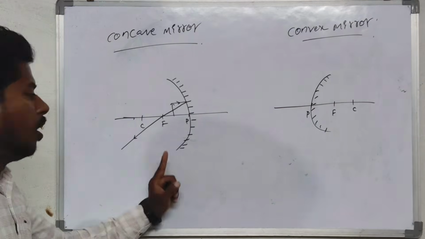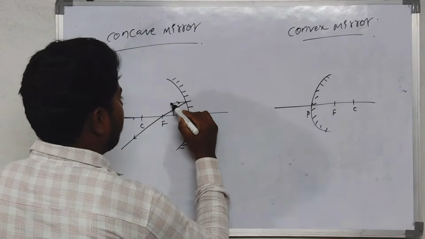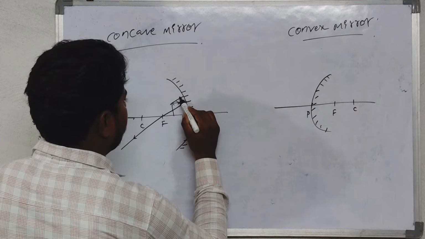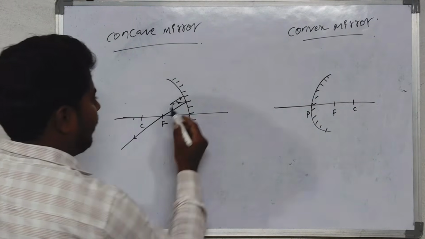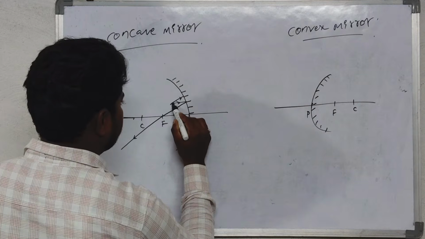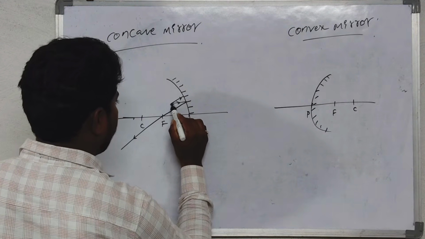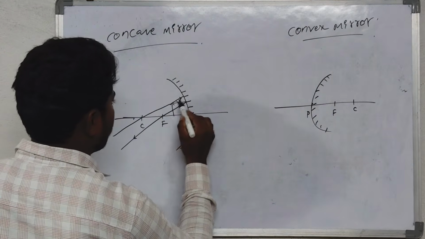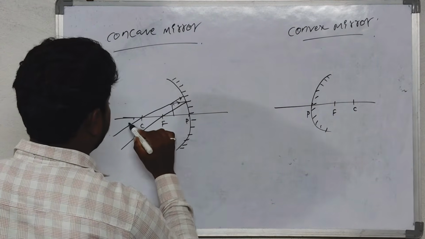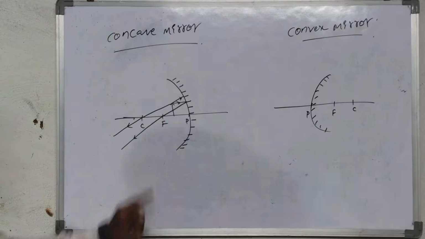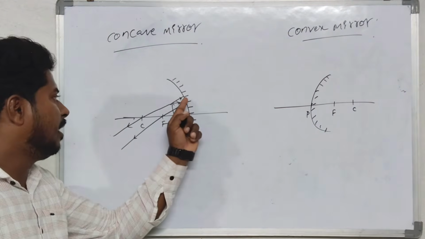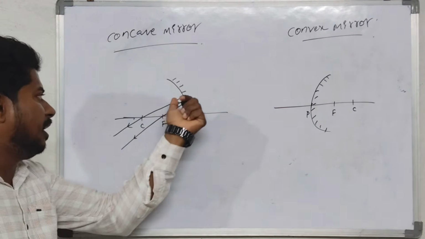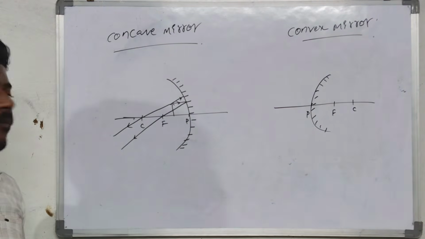We can use the third rule. A ray of light strikes the mirror and is reflected back along the same path, because it is passing through the center of curvature.